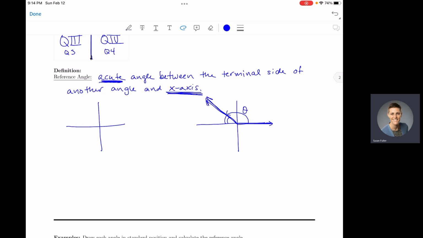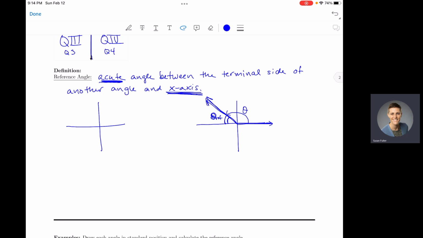It's always going to be the smallest angle between the terminal side of an angle and the x-axis. So here, this guy down here is my reference angle. I'm going to call him theta ref. So that's where my reference angle lives in quadrant 2.